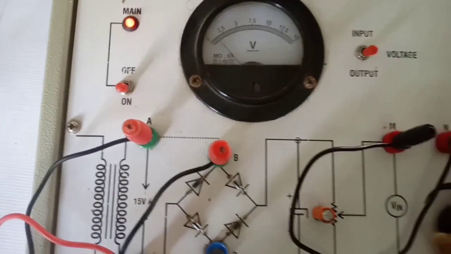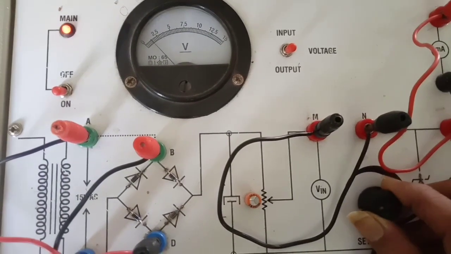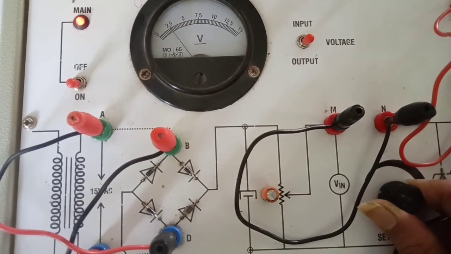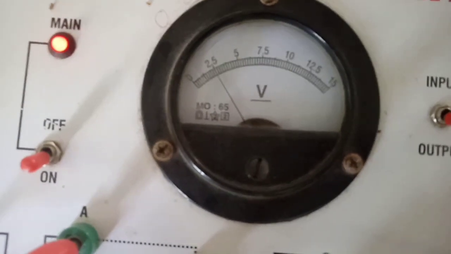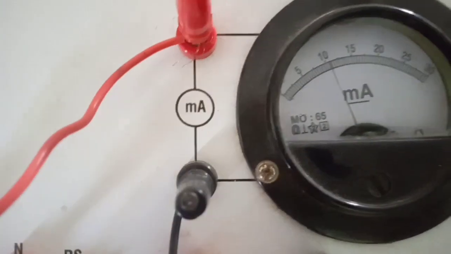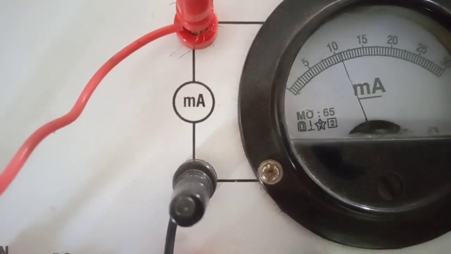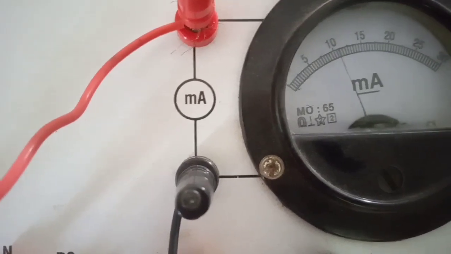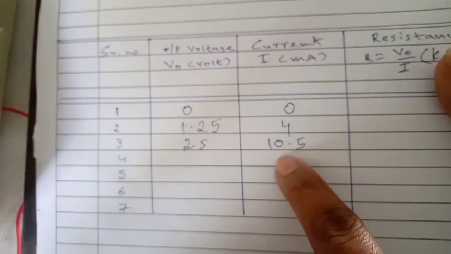Now I am again changing the position of the potentiometer so that output voltage is equal to 2.5 volt, and for this output voltage I have a current value of 10.5 milliampere.